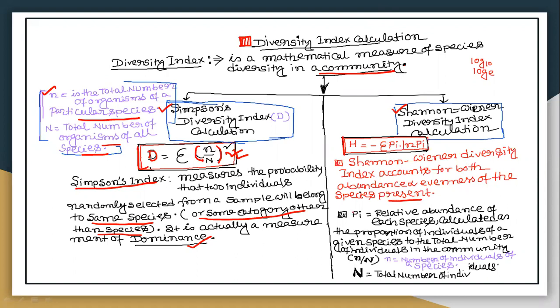Now, what is pi? Pi is the relative abundance of each species, calculated as the proportion of individuals of a given species to the total number of individuals in the community, where capital N is the total number of individuals and small n is the number of individuals of a species. So the formula is H equal to minus summation of pi into ln pi.